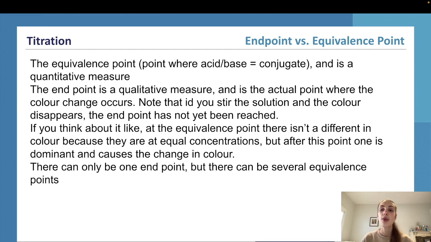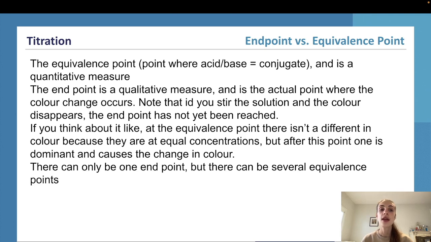For example, if we have an acid like HCl and it dissociates into H+ and Cl-, the point at which H+ is equal to HCl is going to be the point at which the equivalence point has been reached.